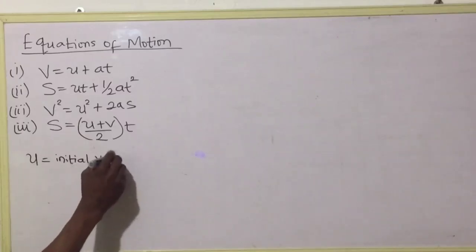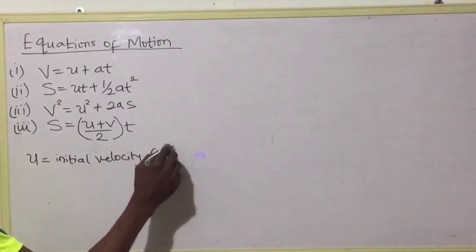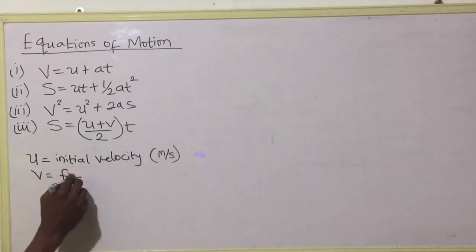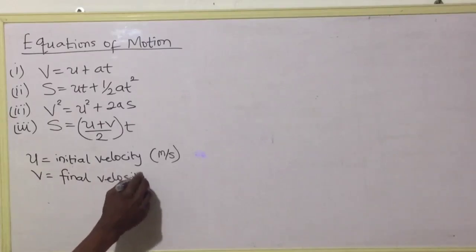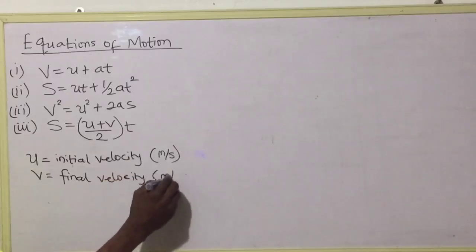U is our initial velocity, measured in meters per second. V is our final velocity, also measured in meters per second.